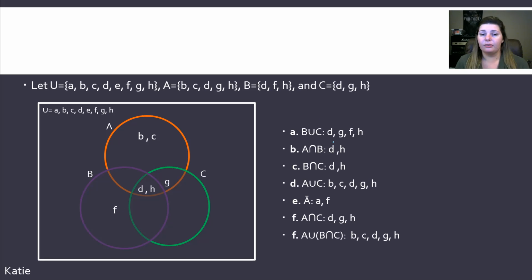I put these in alphabetical order. You don't have to, but I did just to keep it straight in my mind. So we have D, G, and H in both circles B and C.